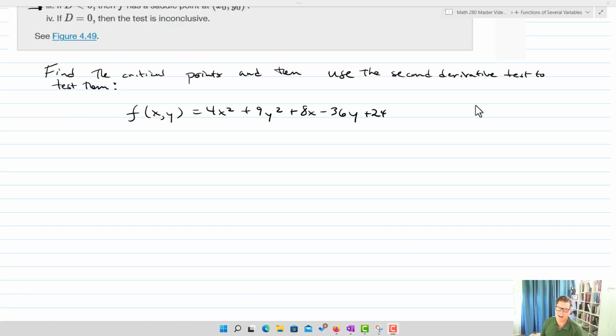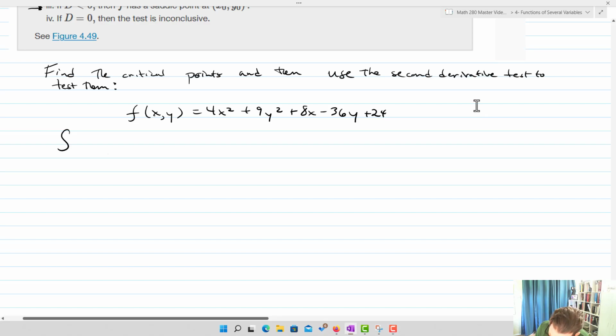So let's take an example. Let's first find the critical points and then use the second derivative test to test them for this function: f of x, y equals 4x squared plus 9y squared plus 8x minus 36y plus 24. We'll first have fx, our first partial with respect to x, and that gives me 8x plus 8.